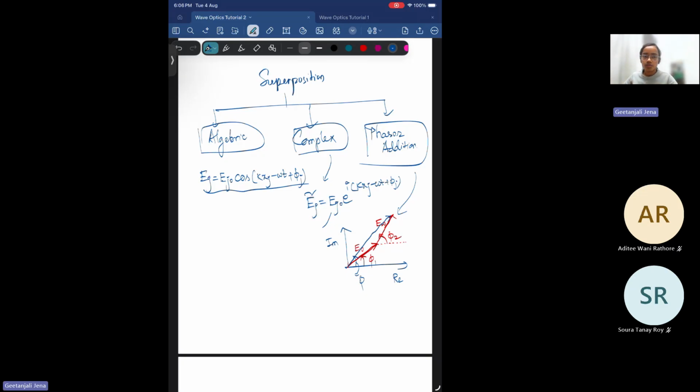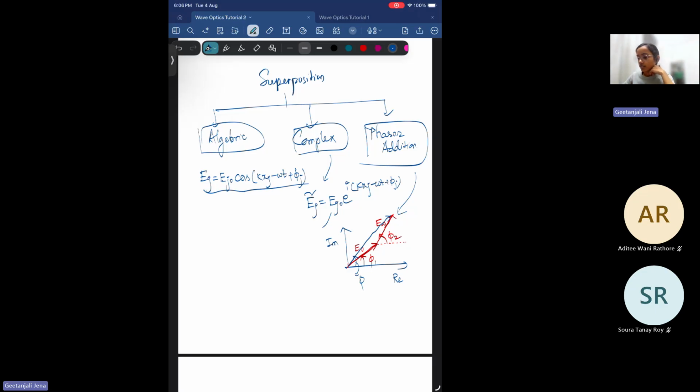Okay, I think one of you has a question. We use the complex method when there are more than two waves to be superposed, right?